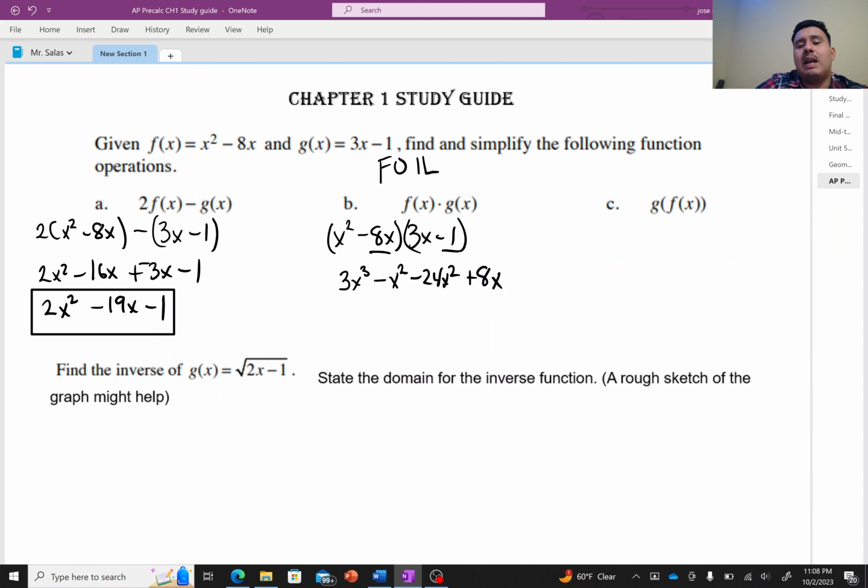I can combine like terms. The negative x squared and the negative 24x squared are like terms. Remember, if you forget, you add the opposite. So 3x cubed, and negative x squared plus negative 24x squared is equal to negative 25x squared plus 8x. And that is as simple as it gets.